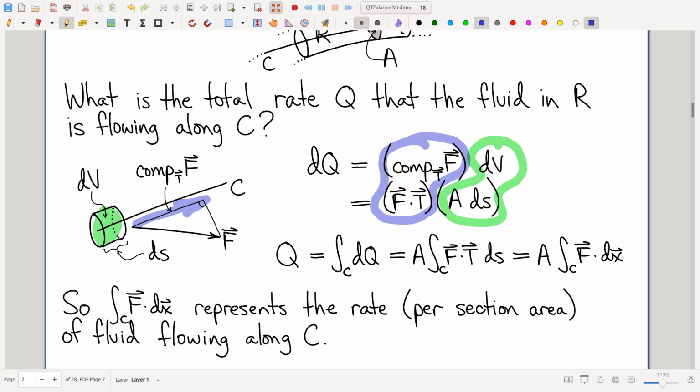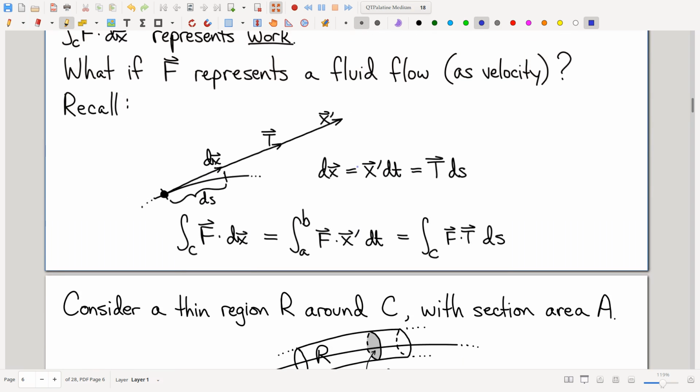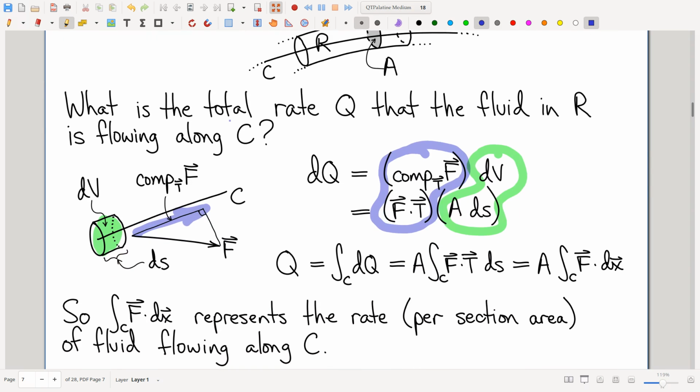We already have the unit vector in that direction. That's our capital T, right? Reminder: capital T here is the unit vector pointing in the direction the curve is going. It's easy to write down to what extent the fluid is flowing along the curve, and then we just want to add that up.